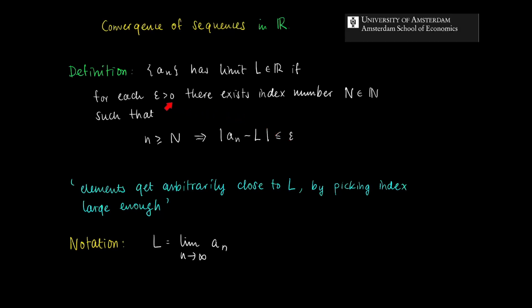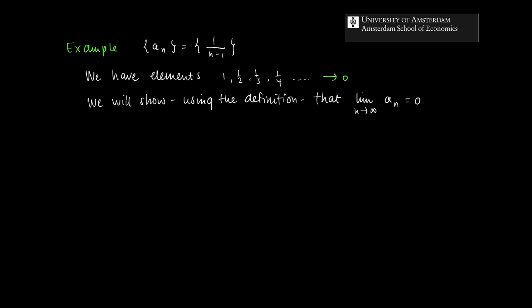So we start by picking an epsilon larger than 0 and then point out that we can find such an N. That will be our strategy. So let's start by picking an epsilon, which is an arbitrary number larger than 0, but in the remainder it is a fixed number.